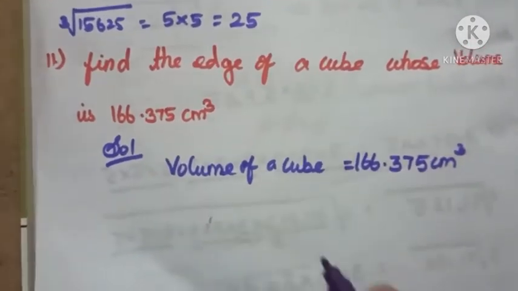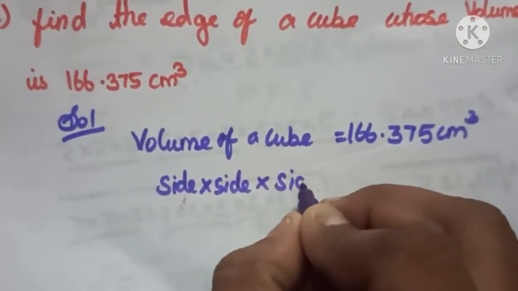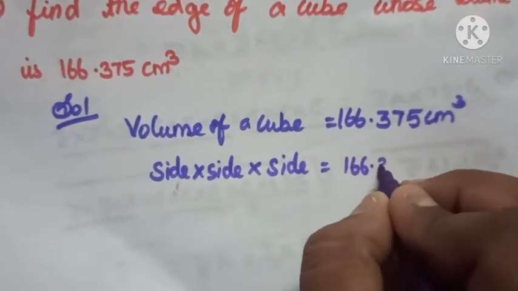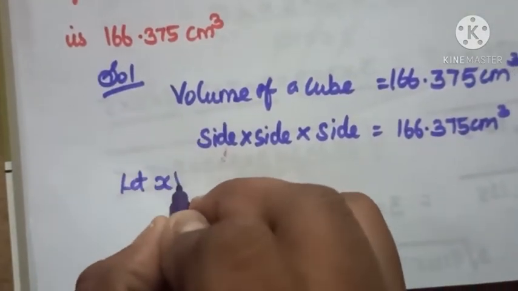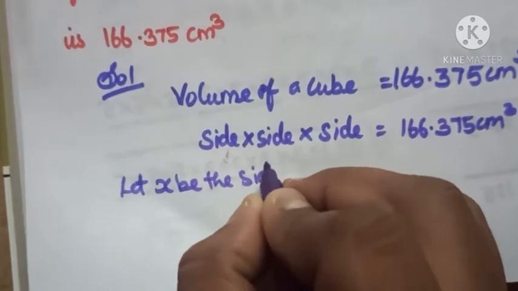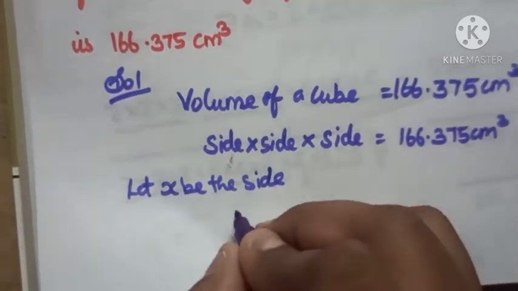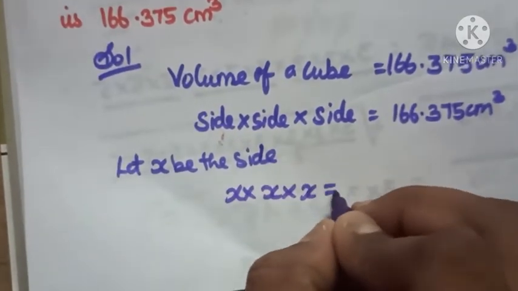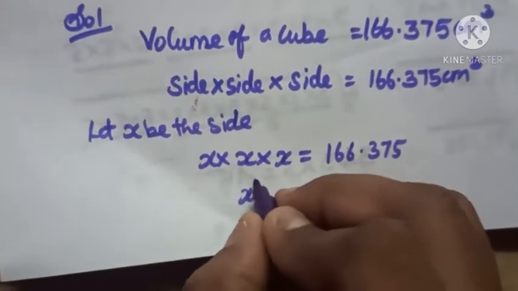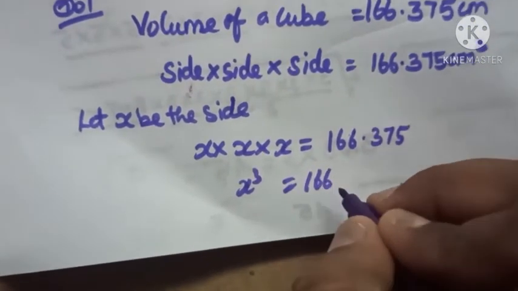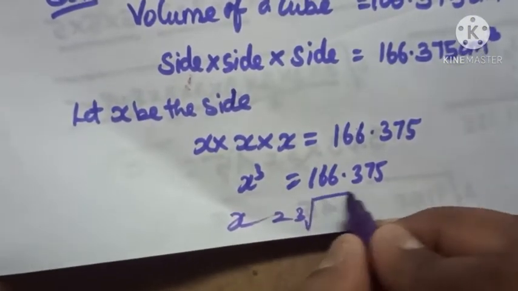So volume of a cube is nothing but side into side into side, which is equal to 166.375 centimeter cube. Let x be the side. So x into x into x is equal to 166.375, and x cube is equal to 166.375. We need to find x, which is equal to cube root of 166.375.